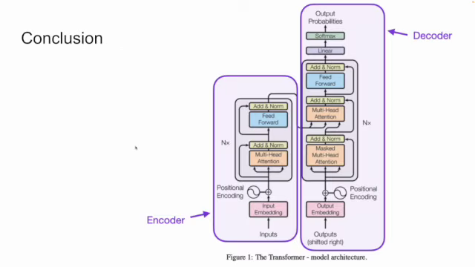So in conclusion, we talked about the transformer model architecture in very simple and easy to understand terms. The real architecture looks like this, although it appears complicated, but it has very similar things to what we talked about. For example, you take inputs, you put them through an embedding, then you have multiple levels of encoders, right?